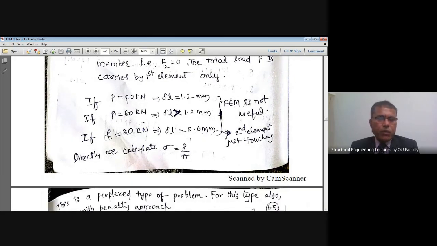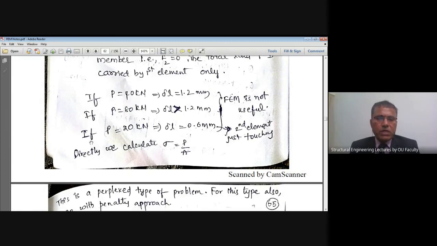If the force P is 20 kilonewton, then the extension is equal to 0.6, which is much less than the space available, 1.2 mm. That means the second element will not be touching the boundary. Hence the second element is a null member. It won't experience any force.